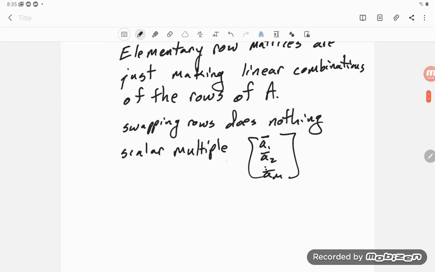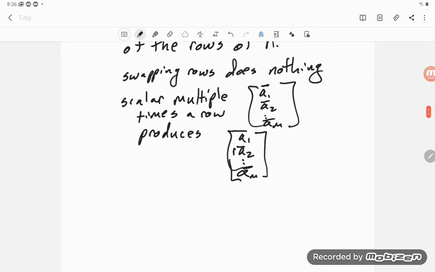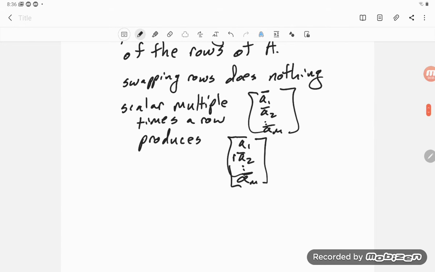So the scalar multiple times a row produces something like A1, R times A2, say, and then down to AM. So I just multiplied row 2 by something, but it doesn't matter which one. And so you see here is a new set of vectors.